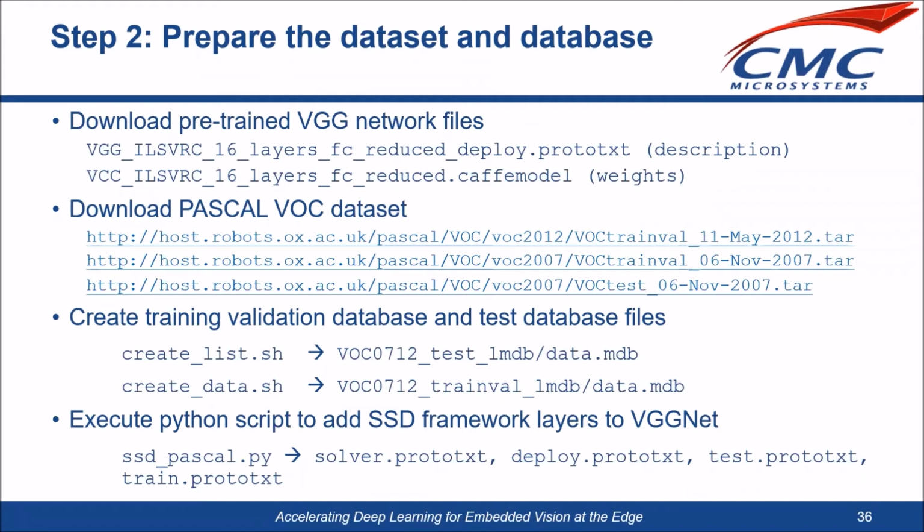Starting from a pre-trained network reduces the training time. You also need to download the PASCAL VOC dataset, and using scripts provided, you can create training and test databases. A Python script adds SSD layers to the downloaded VGG network and generates the files which describe the SSD 300 network, namely the prototxt files in the fourth bullet.